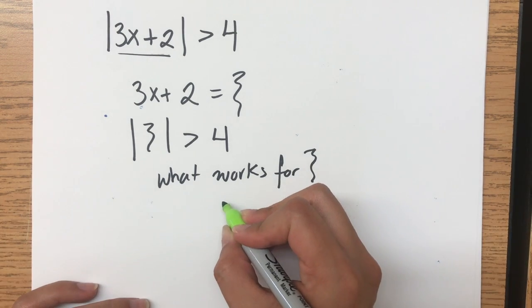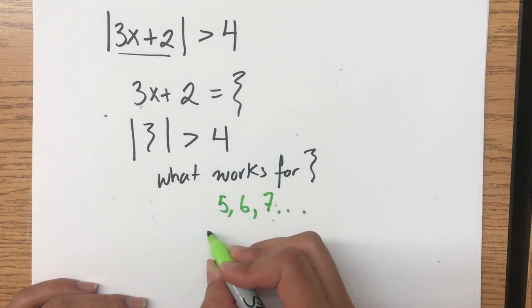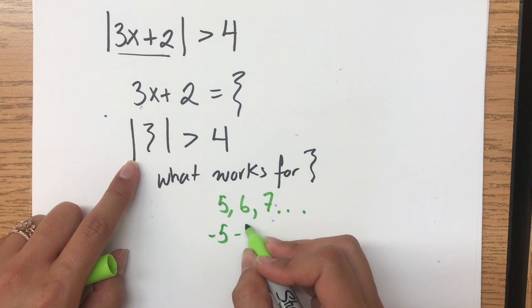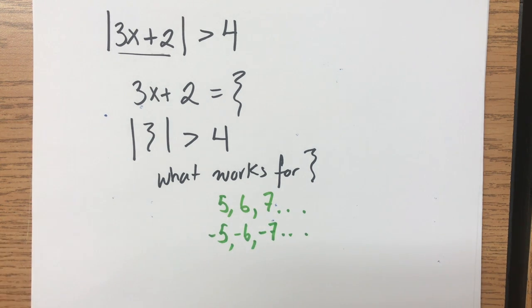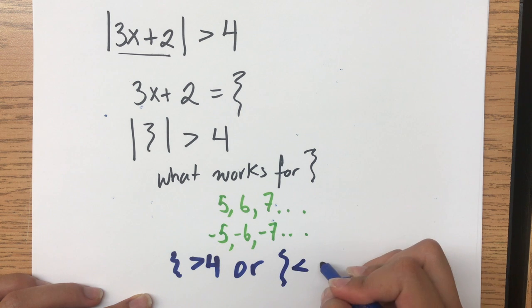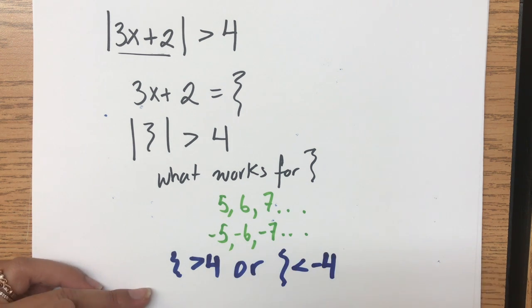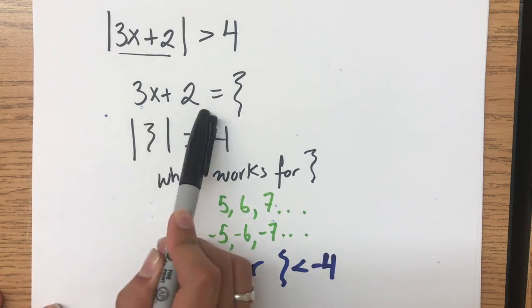Well, first of all, numbers like 5, 6, 7, and so on, all of those numbers are going to work, right? Because all of them are greater than 4. That's quite obvious. But remember that this is inside the absolute value, so that means -5, -6, -7 will come out positive and will be greater than 4. So squiggly is greater than 4, or squiggly is less than -4, right? -5, -6, -7, those are all less than -4.